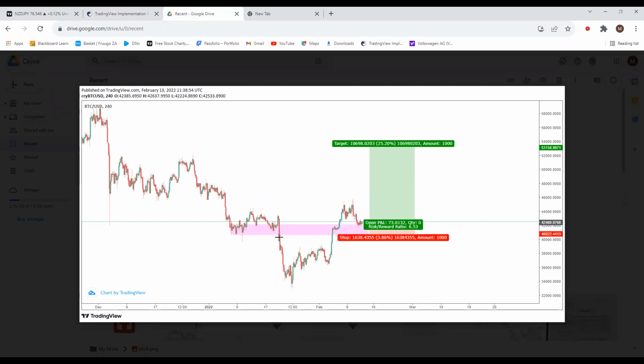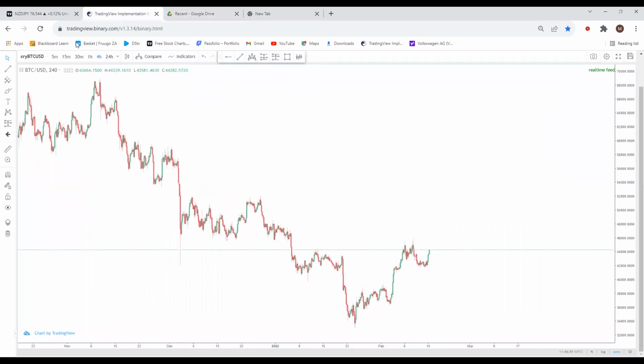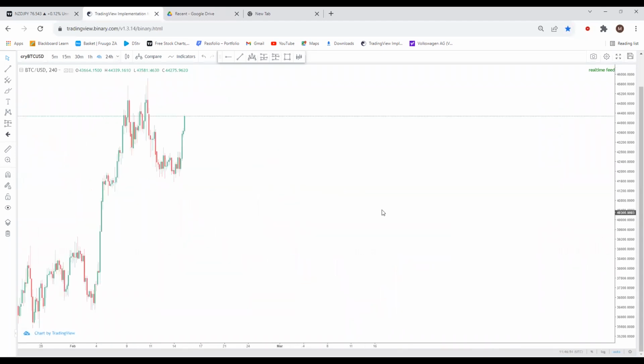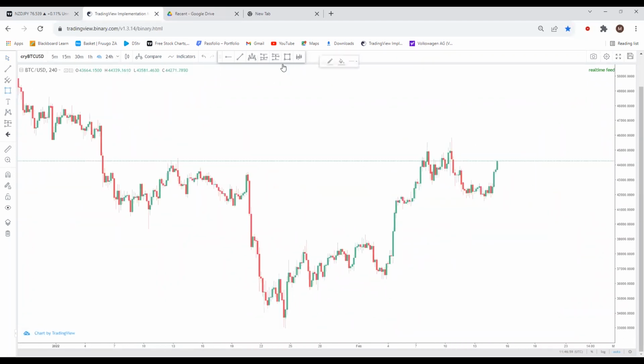The price was within the areas of the shoulders, and I was anticipating a buy. This is what we have currently, and as you can see, the price has been buying ever since that area of the shoulders.